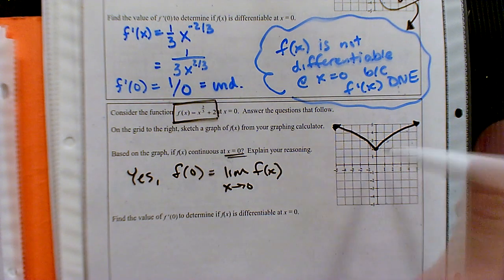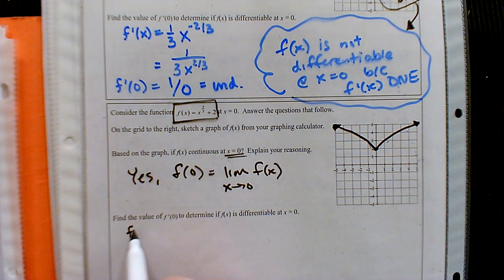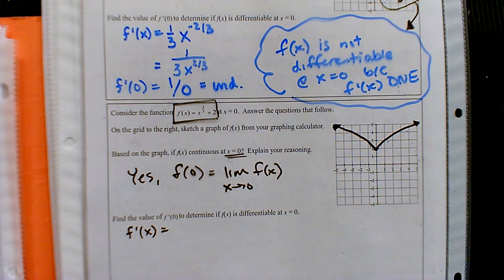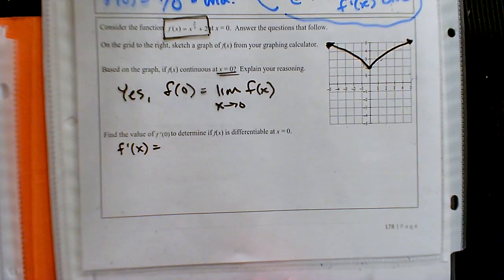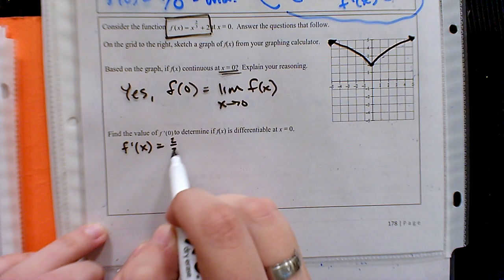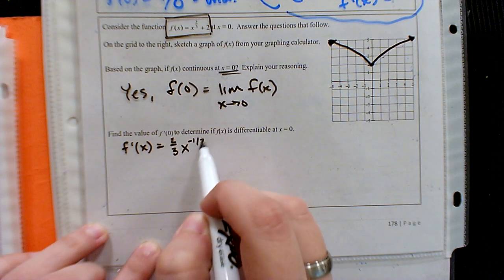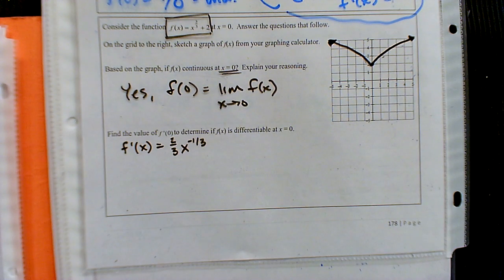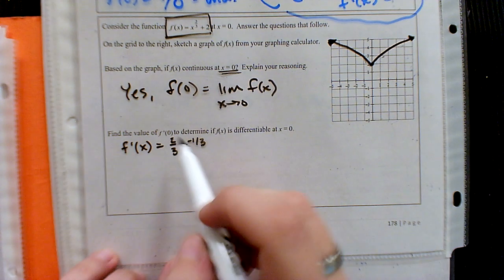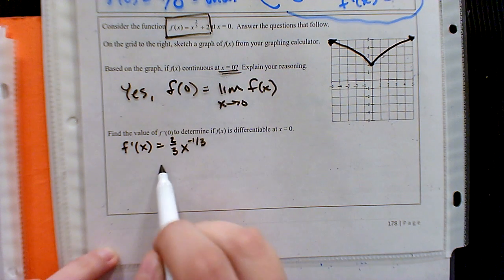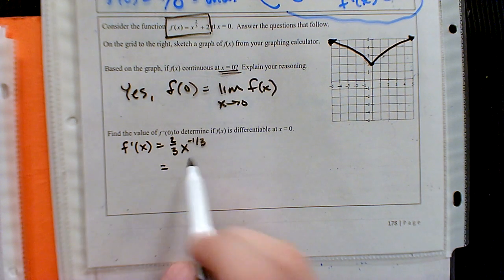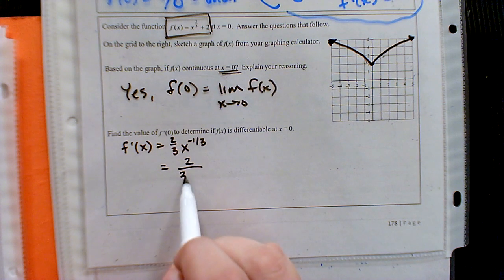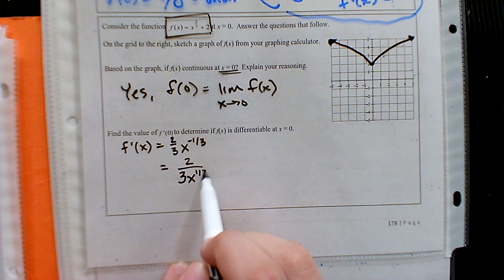Perfect. Let's go ahead and tackle differentiability. Does the derivative exist at that spot? Let's find the derivative. We'll have our power rule for the first term. Bring down the 2/3, subtract 1 from the power. Next we've got to add the derivative of 2, which is 0, so don't even bother. Then maybe we'll clean up the derivative because we have a negative power.